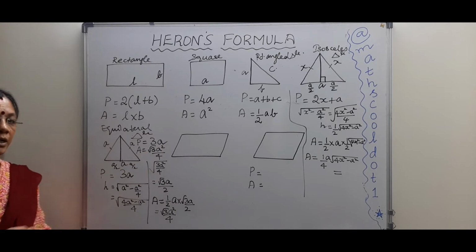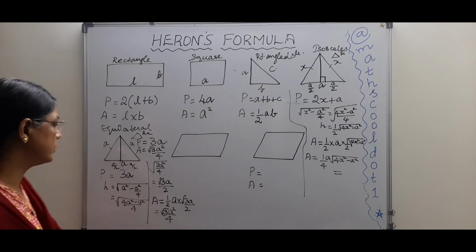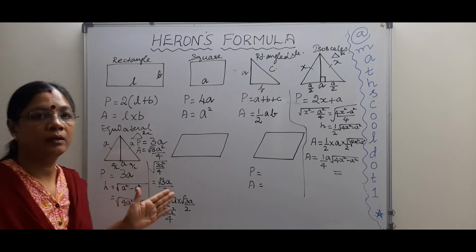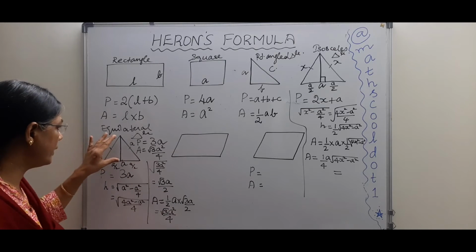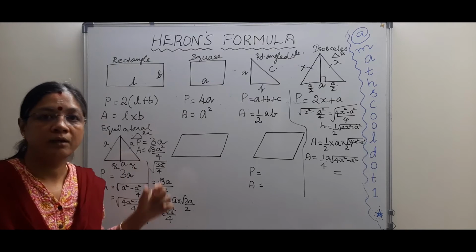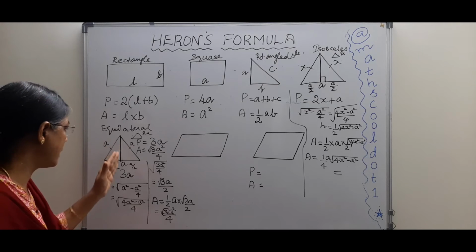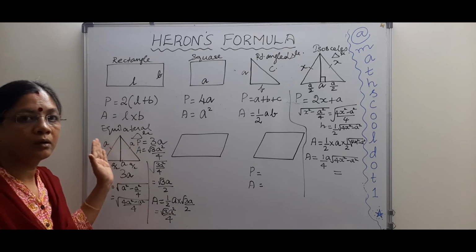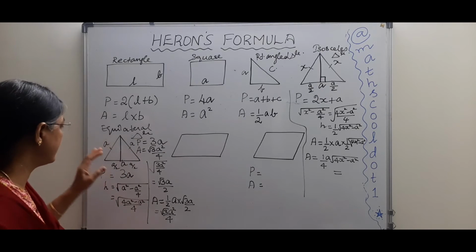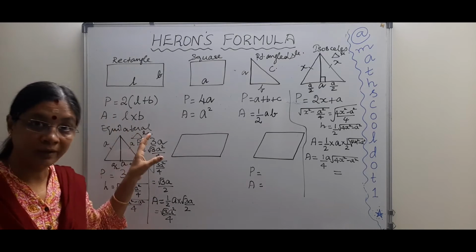The root is just for 3. I hope you understood this. By taking a perpendicular to the base, we are dividing it into two right angle triangles, and it's enough if we find the side of one of them, because the height is common to both right angle triangles and the sides are the same. So this is the perimeter and area of the equilateral triangle.